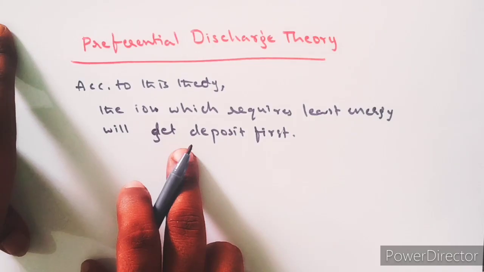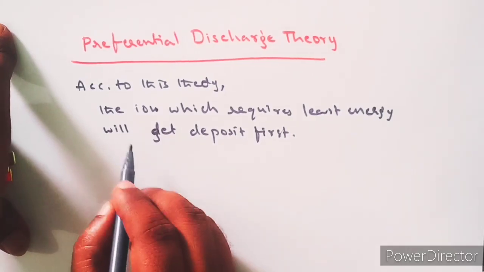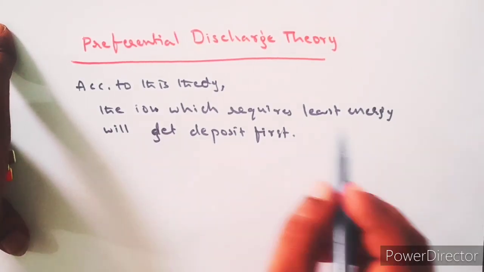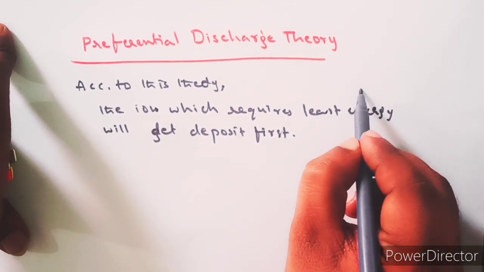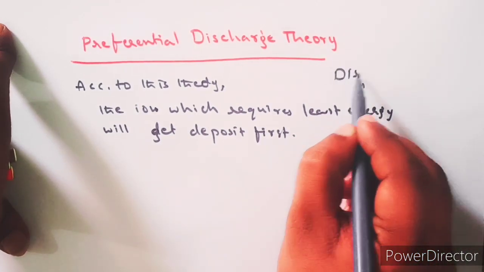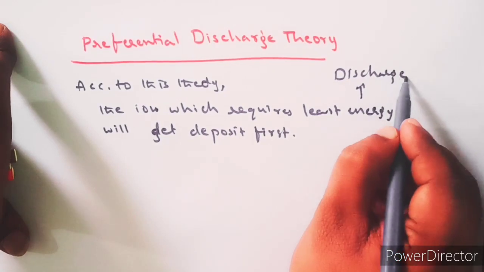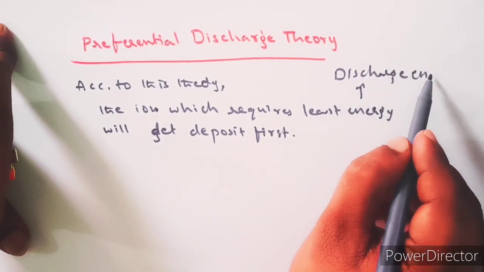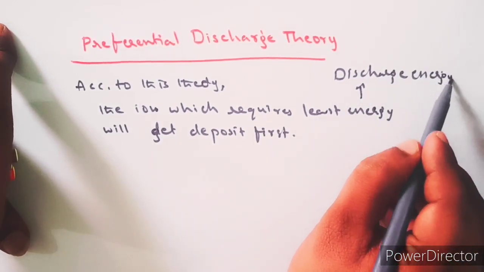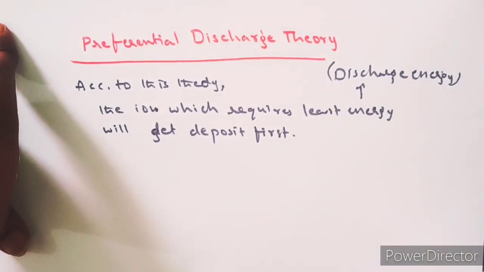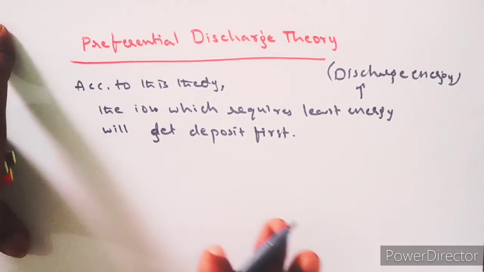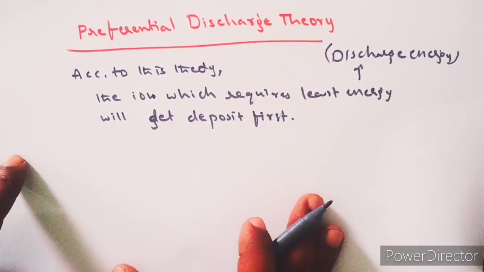This energy is called the discharge energy. So whatever the ion may be, the one requiring the least discharge energy will be deposited first. That means if the discharge energy is less, the deposition is more. If the discharge energy is less, the deposition will be more.